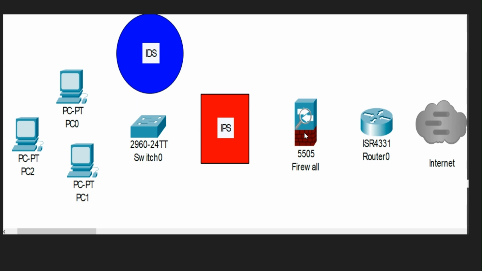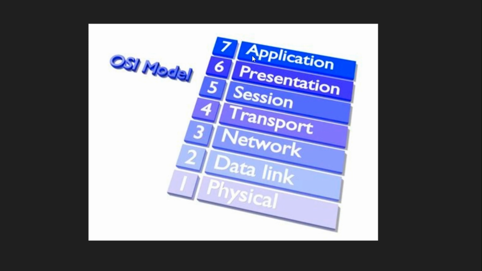But you already know that with IPS, the major significant difference is it takes action. Hence, why you would want to put it on the pipeline. So let's remember that a lot of these security hardware or software devices are operating on a different level of the OSI model.